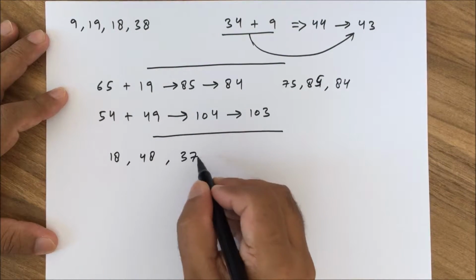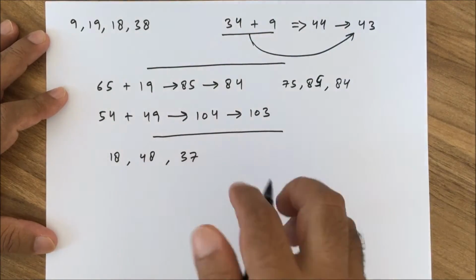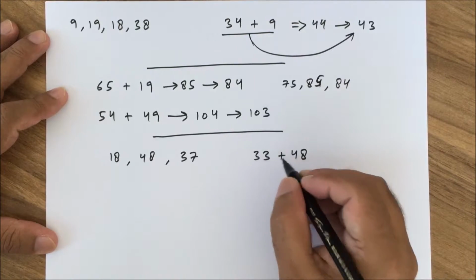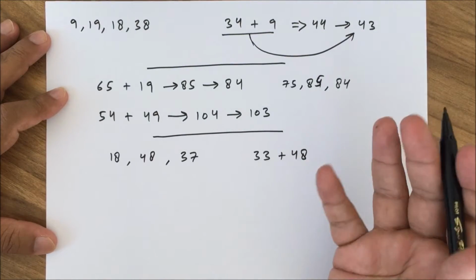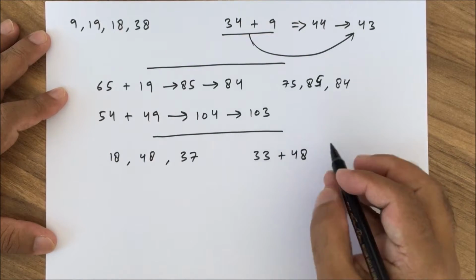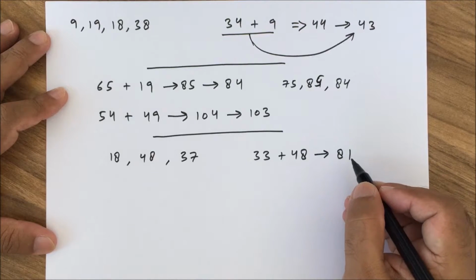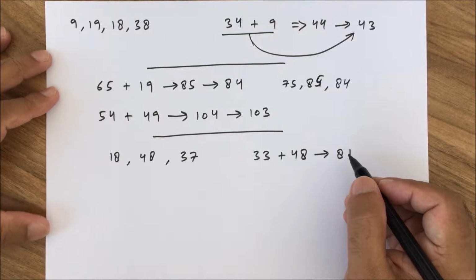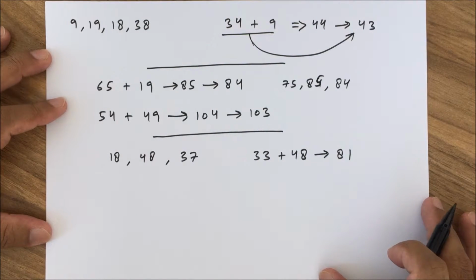If it is 37, jump 4 times, you have added 40, and then take away 3. Let's say you want to do 33 plus 48. You have to jump 5 times. This is 33, 43, 53, 63, 73 and 83, and then take away 2, so it will become 81. That's your final answer.